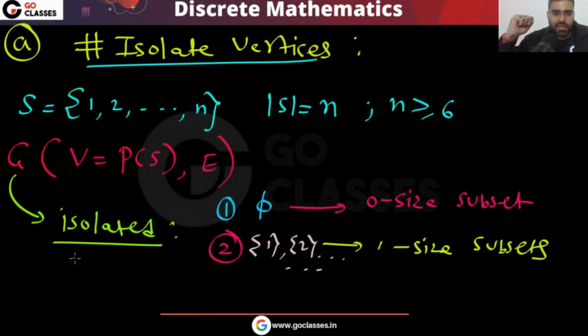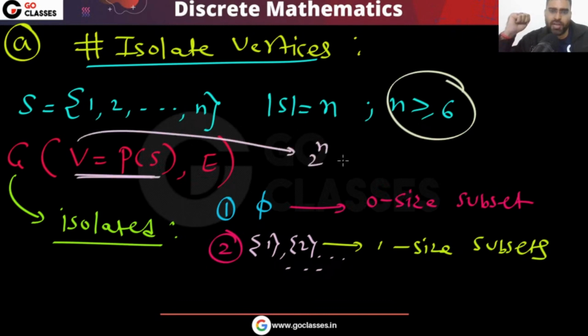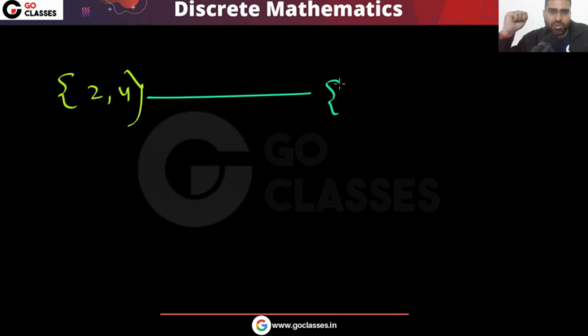What about the remaining? Can you guarantee that remaining will not be isolated? Like you have n greater than or equal to 6. In this graph, total you have 2 power n vertices. Can you guarantee that the remaining vertices are not isolated? Why? See, if you take any vertex, for example, if it has size 2, then it will be adjacent to this.